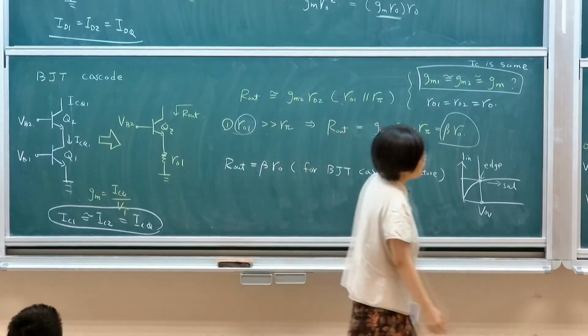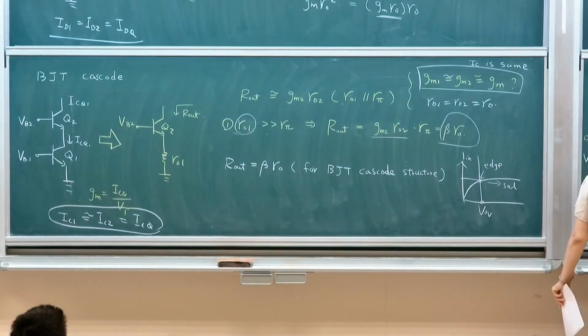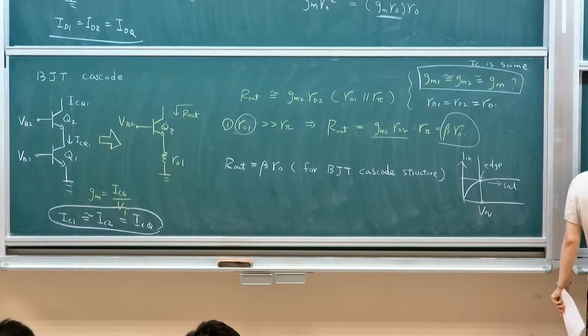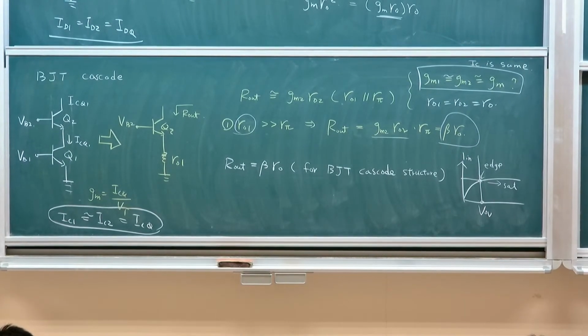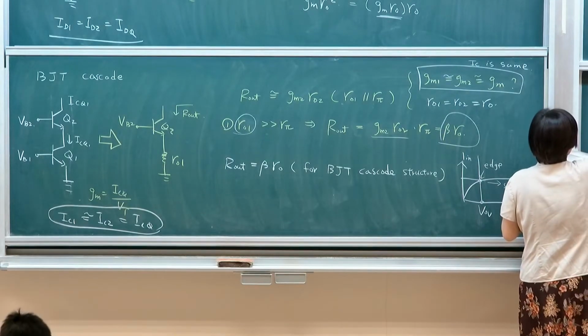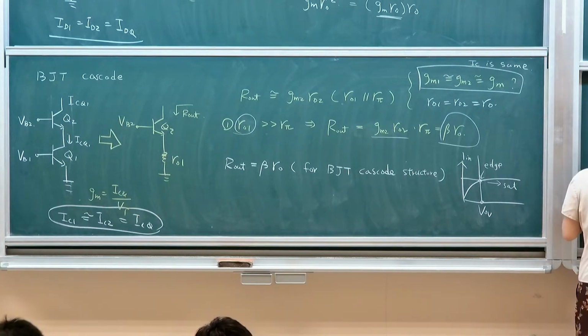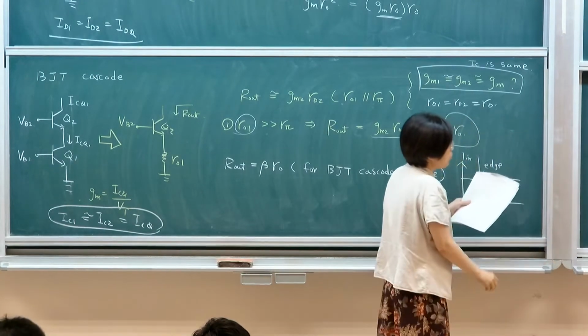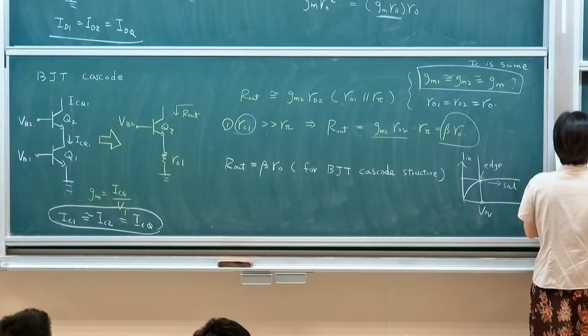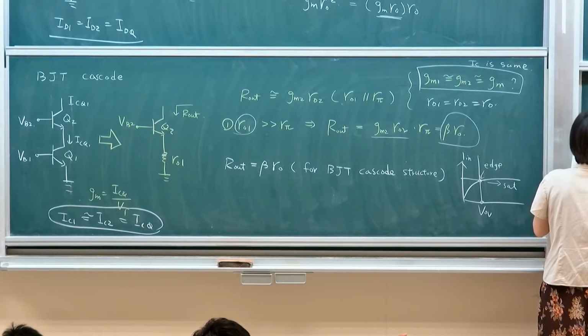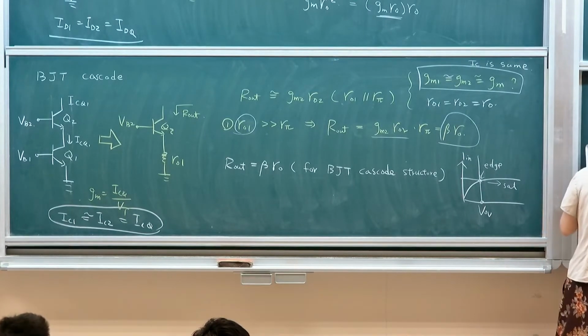So lastly, we need to find out its output resistance. We're going to follow its equation. The equation is fairly simple. For part B, R out was simply gm2 rO2 times rO. We already know gm is 0.5 milliamp per volt.